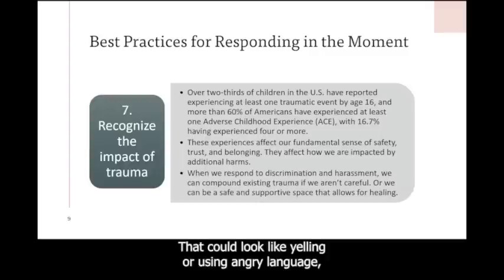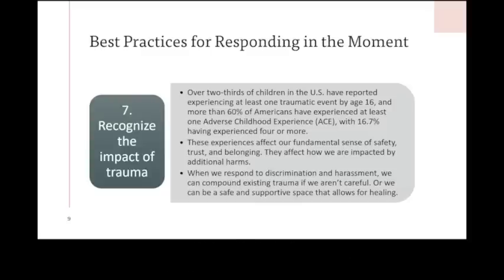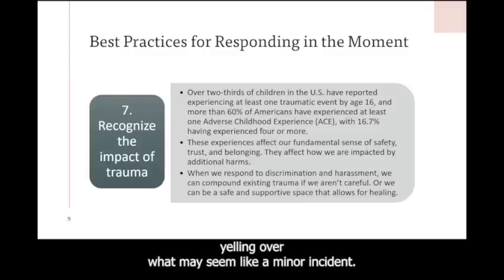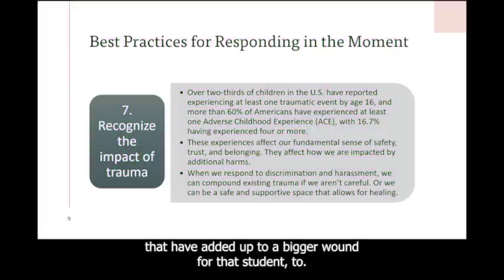That could look like yelling or using angry language, lashing out physically or verbally, arguing with staff or other students, seeming, quote, overreactive to what you perceive to be minor events. For example, a student lashes out yelling over what may seem like a minor incident. This could be a protective response that comes from a history of small cuts that have added up to a bigger wound for that student.